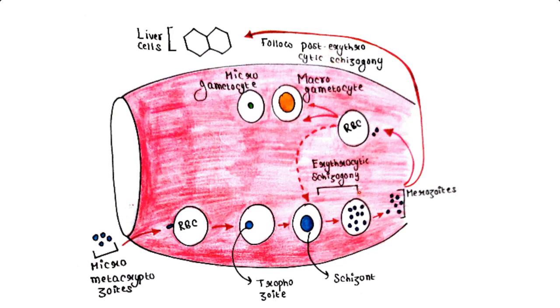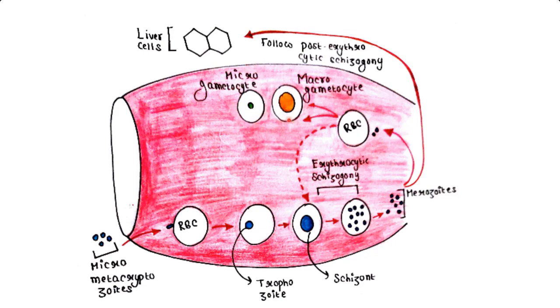After that, some of the merozoites grow inside the erythrocytes, and they are transformed into two types of gametocytes. They are called macrogametocyte and microgametocyte. The macrogametocytes are female and the microgametocytes are male.